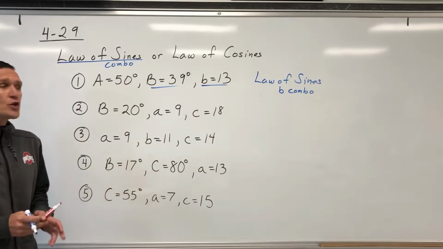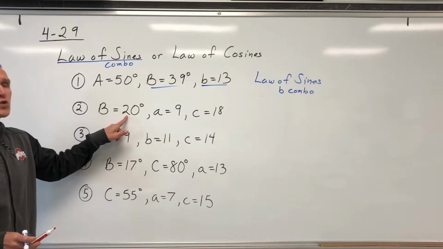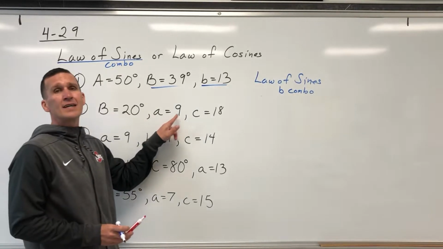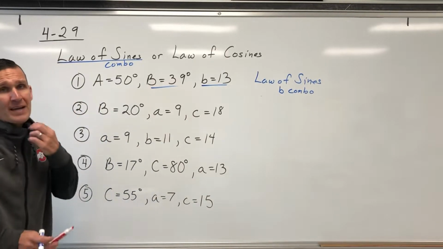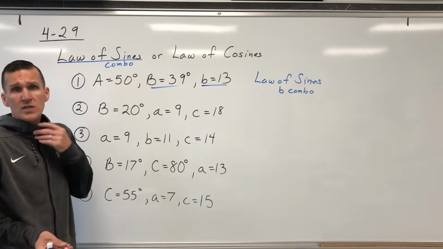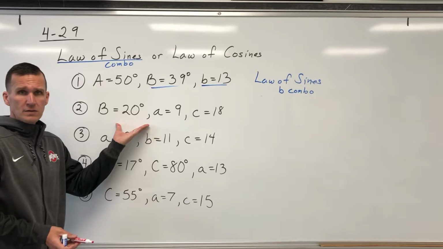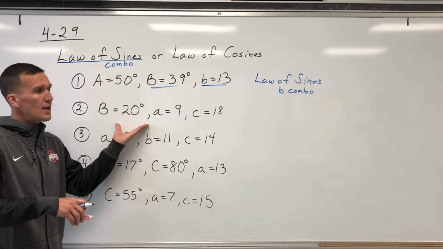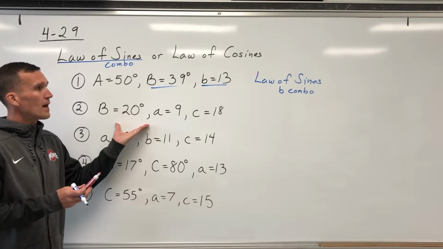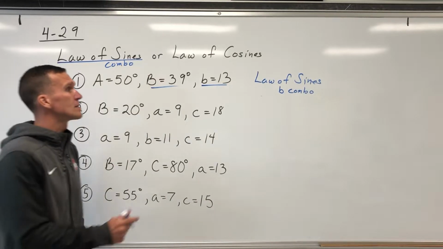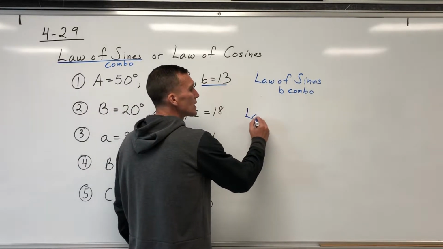Okay, let's look at number 2. I got angle B is 20 degrees, little a is 9, and little c is 18. Now remember, I need a combo to do the law of sines, otherwise I'm going to use law of cosines. So do you think I should use law of sines or cosines? Pause it. And we're going to have to use law of cosines because there is no combo.